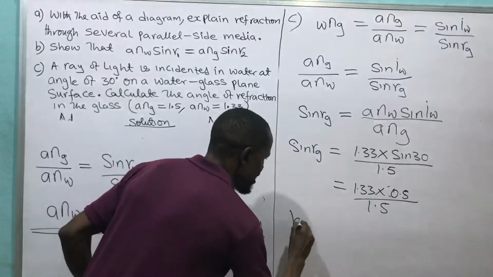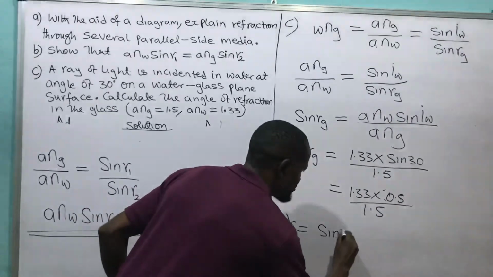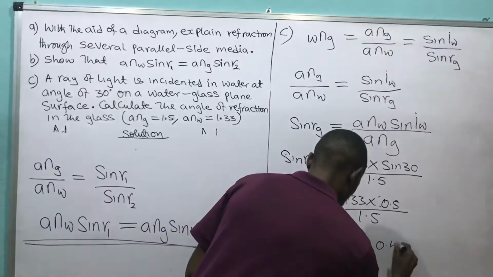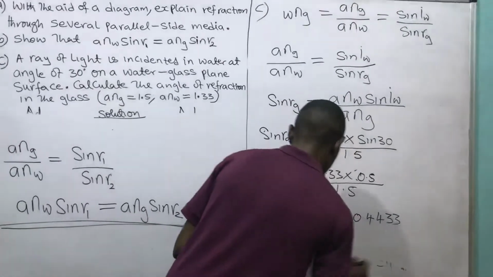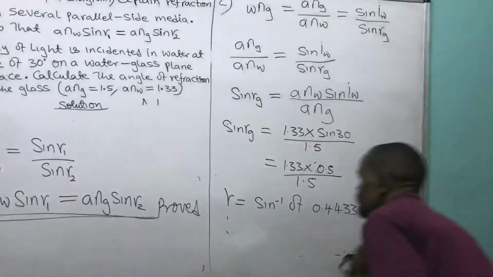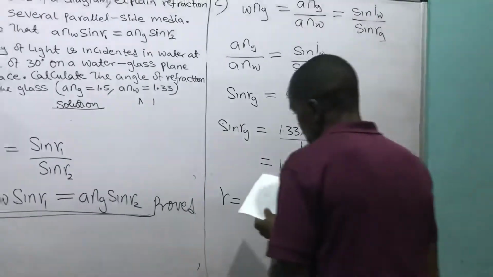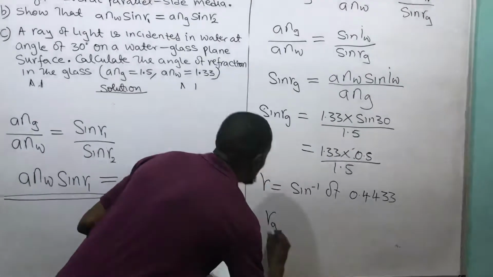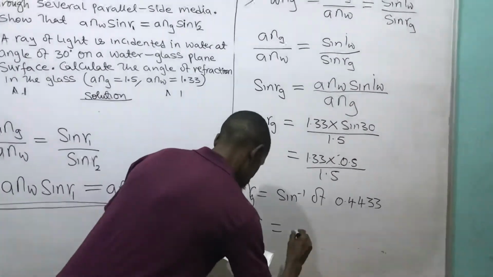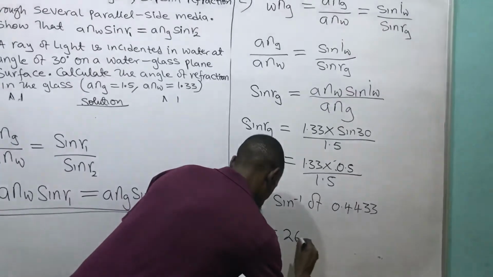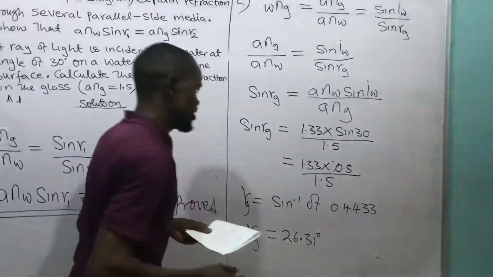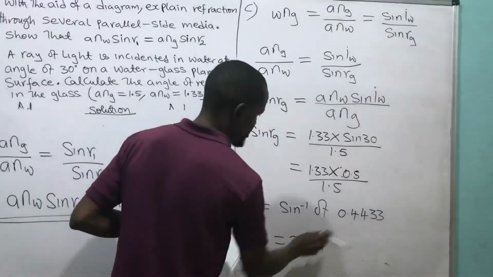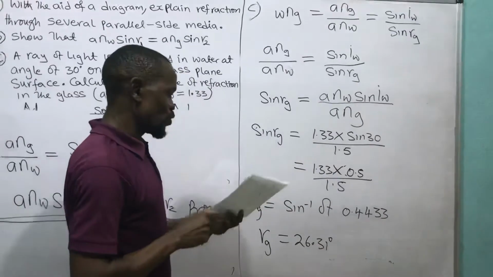Then r is equal to sine inverse of, when you press this, it will give you 0.4433. Then r, refraction in glass, will give you approximately 26.31 degrees. You see what we did here? Multiply them and divide with your calculator, it gives you this. Find the inverse of this, that will give you this.